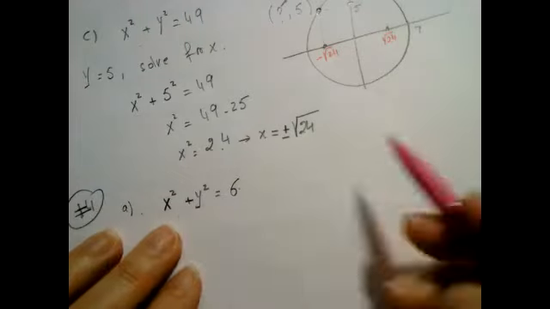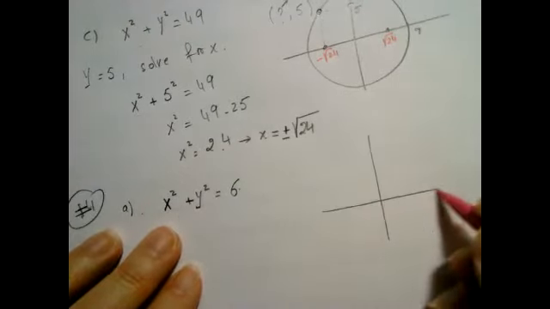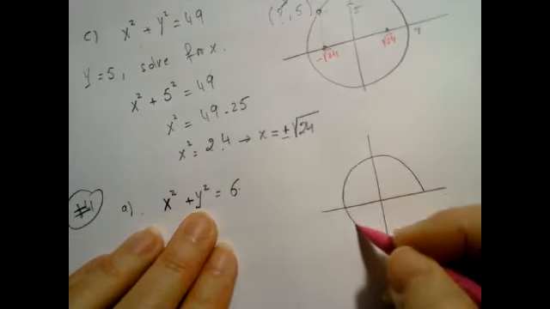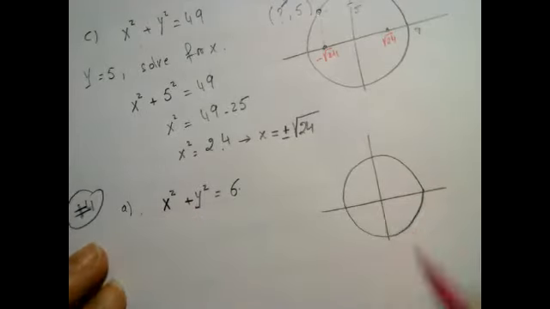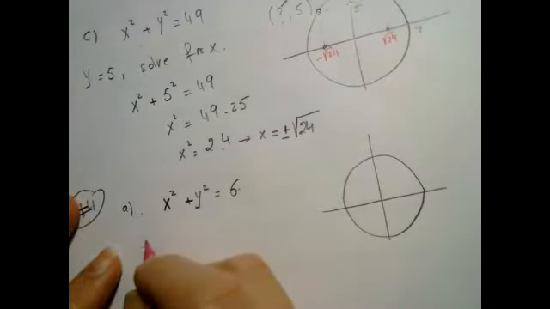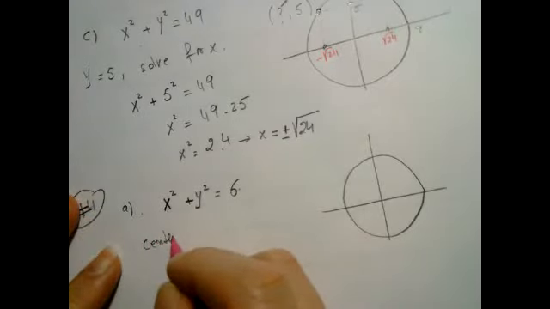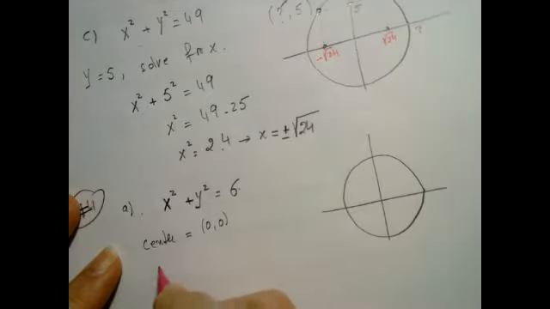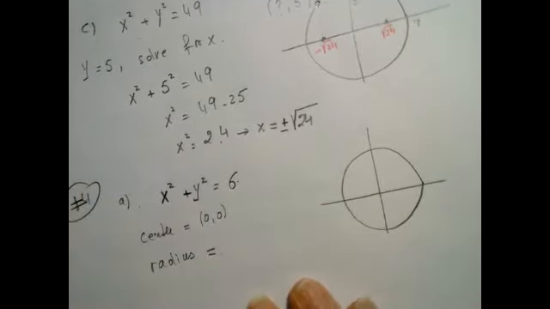If I draw all the points that satisfy this equation, I'm going to get a circle. The center is at 0, the origin. The question is, what's the radius in this scenario? Back to you.